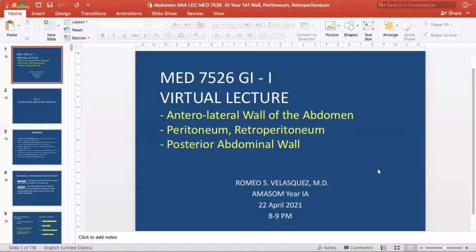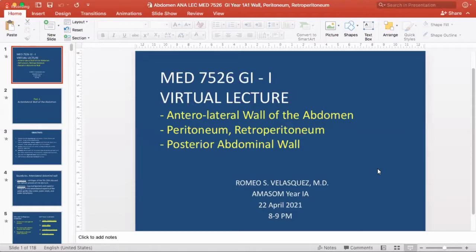Then you have to know the bony and soft tissue surface landmarks, identify the muscles, their attachments, neurovascular supply and functions, and of course included in this anterior abdominal wall discussion is the inguinal canal and its contents. And you will get to know about direct and indirect inguinal hernias.